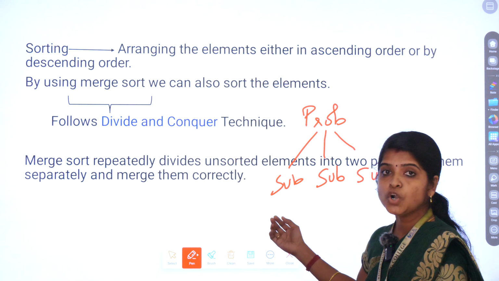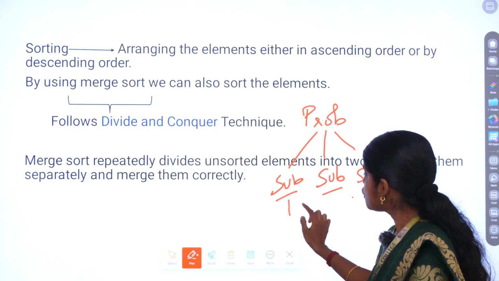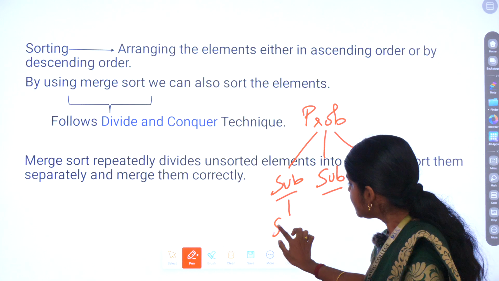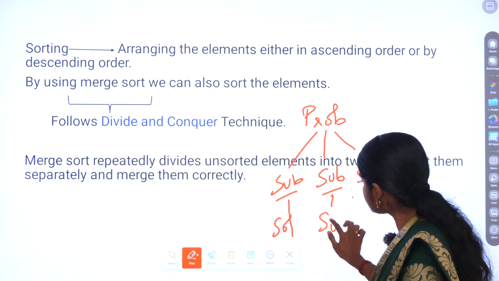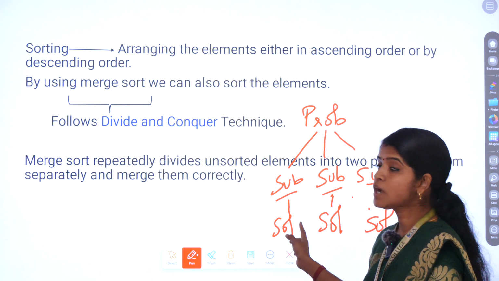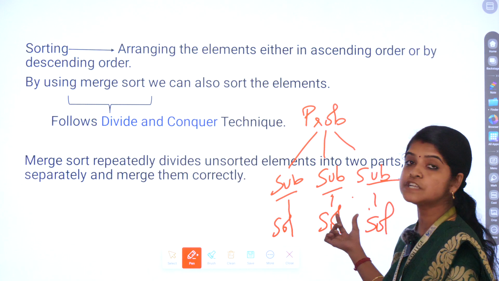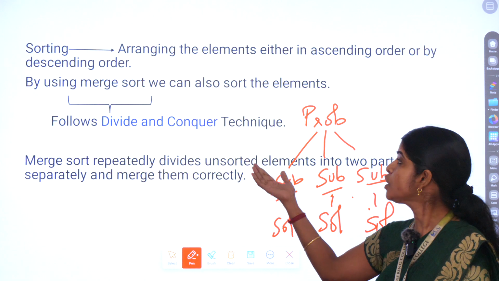After that, we want to find the solution for each subproblem. And finally, we want to combine all the solutions into the original solution. So this is known as the divide and conquer technique.